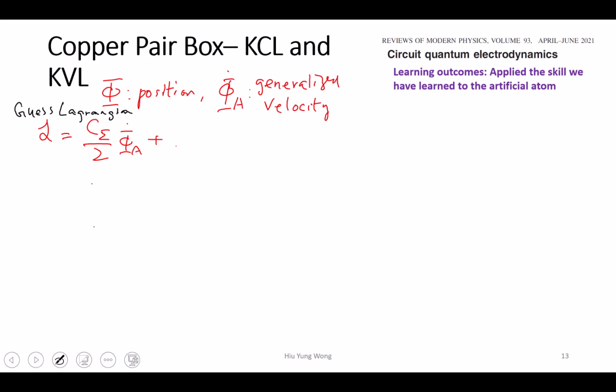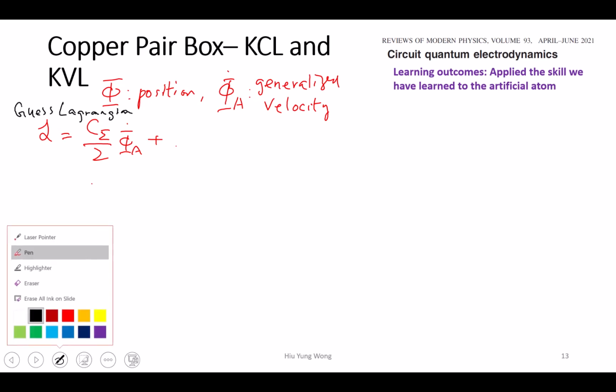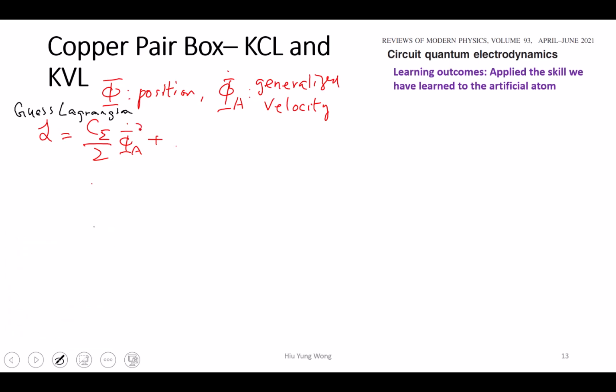So I'm going to give this to you. But you should be able to guess. Of course, in your exam, I'm not going to ask you to guess. But that is what you do if you do the research. You need to guess the Lagrangian based on intellectual guess. This is the Lagrangian of this circuit.